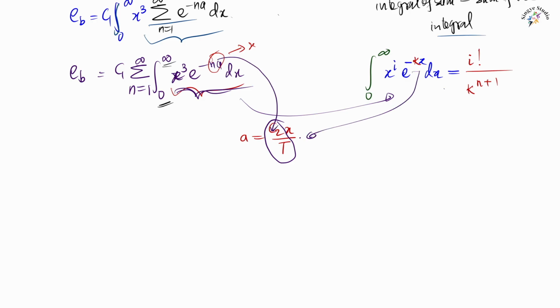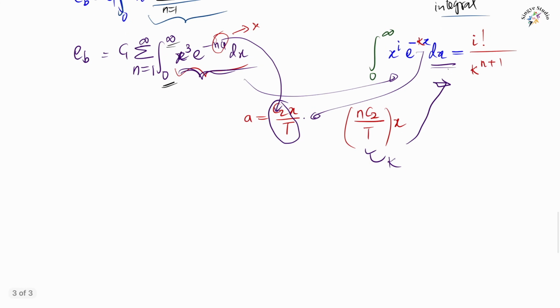I can now take this as c2 times n upon t times x. Then if I treat this as k, I am making exactly this formula.